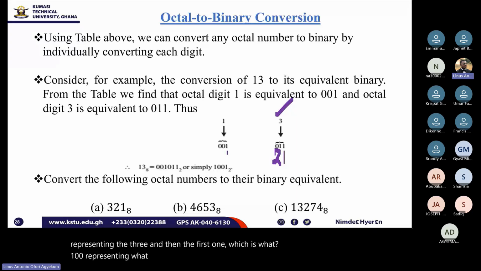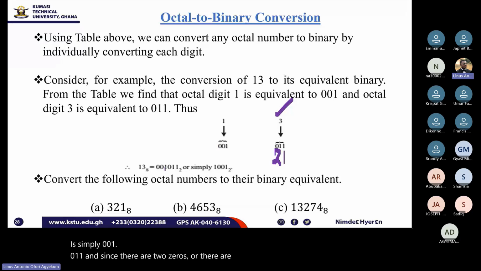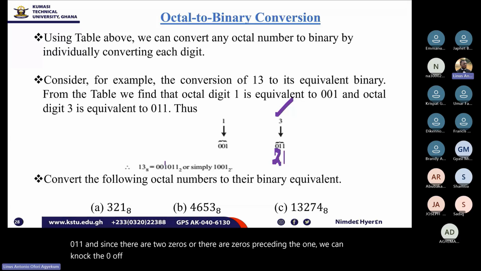So at the end of the day, 13 to base 8 is simply 001 011. And since there are zeros preceding the first 1, we can knock them off and write 1011.